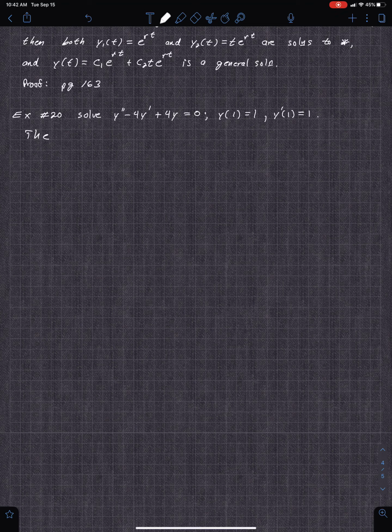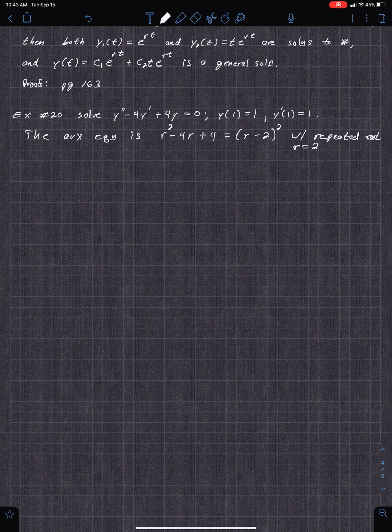The auxiliary equation is r squared minus 4r plus 4. How about that factor? That would, of course, factor as (r minus 2) quantity squared. And then the repeated root is r equals 2, of course.